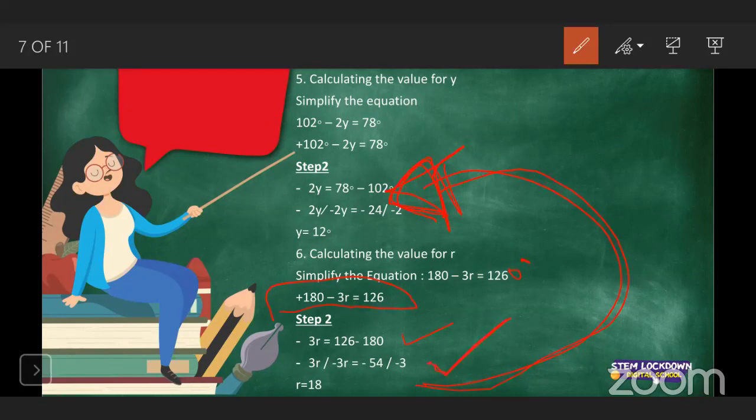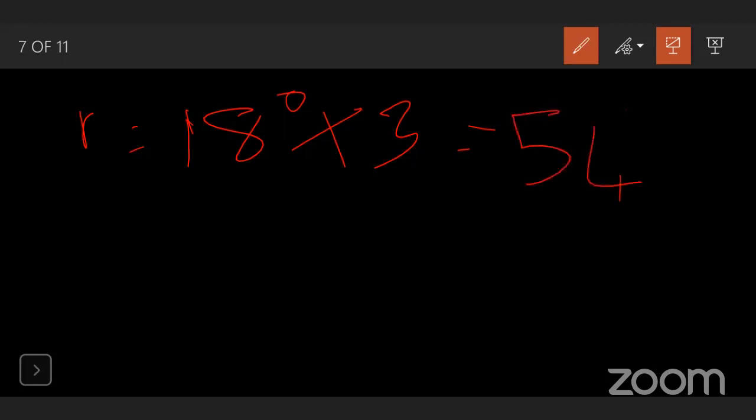Okay, so let's verify now. When we verify, we have our r as 18 degrees multiplied by 3. You remember the 3, right? 18 multiplied by 3 equals 54 degrees.